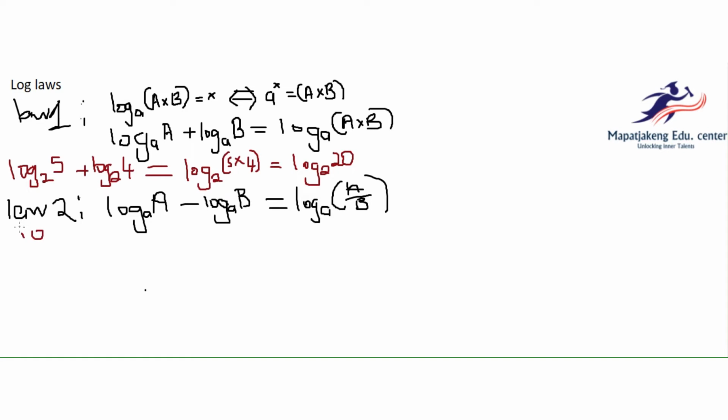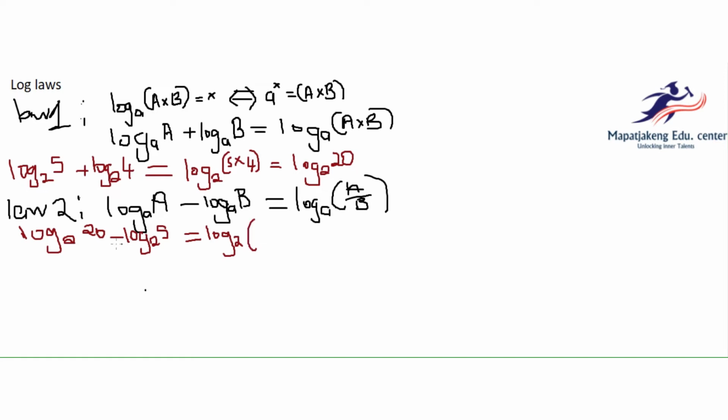An example would be if you have log base 2 of 20 minus log base 2 of 5. This can be represented as a single log with base 2, because they're both base 2.